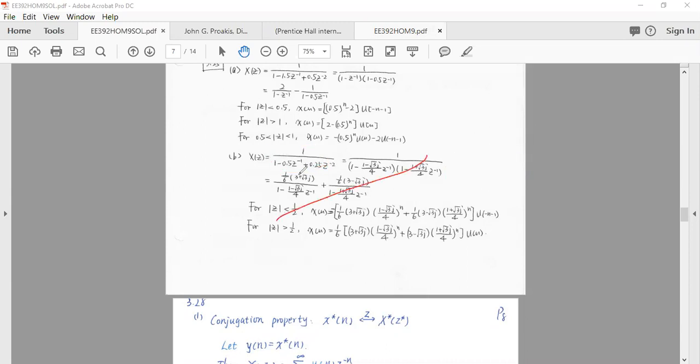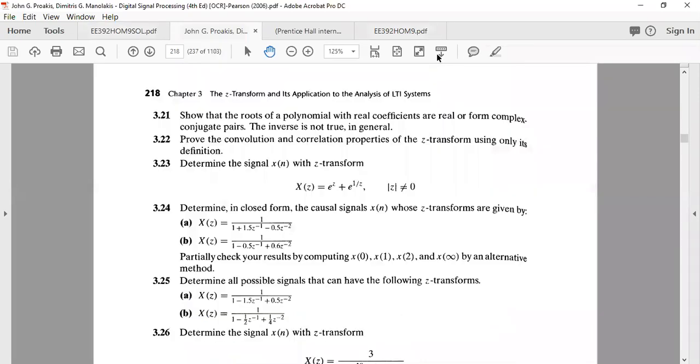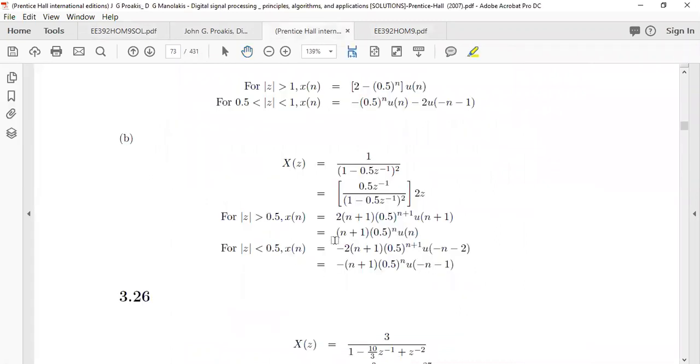So this solution is not applicable. We should be using this particular solution for this part, right?